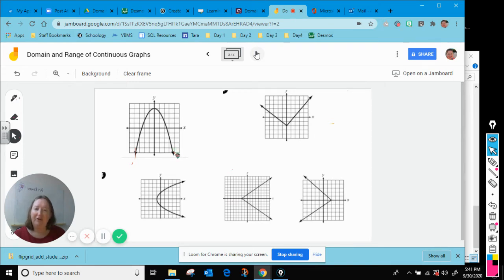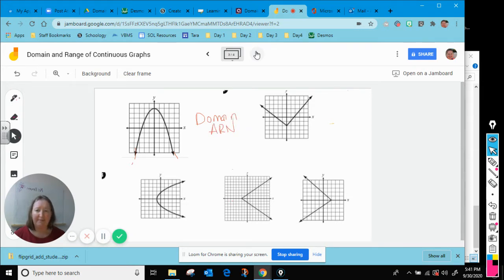It doesn't matter if the graph is facing down, like this one is, or like this one is, or if it's facing upwards, like this one is. Both of those have a domain of all real numbers. Now that's not the range too.